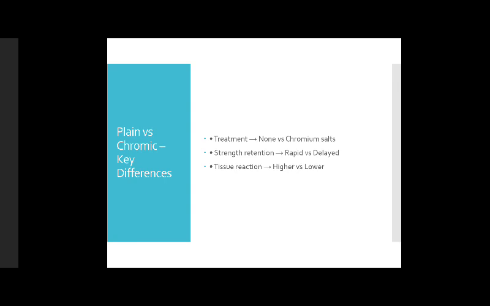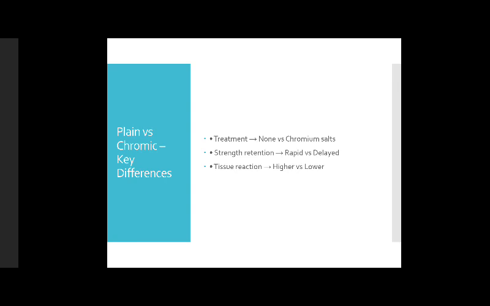Strength retention: plain catgut has rapid strength deterioration versus chromic catgut, which has delayed strength loss.